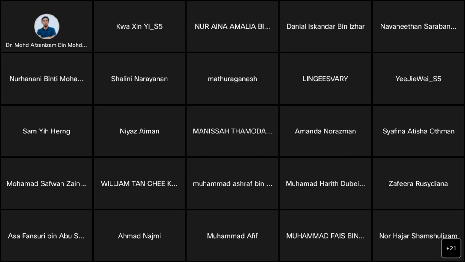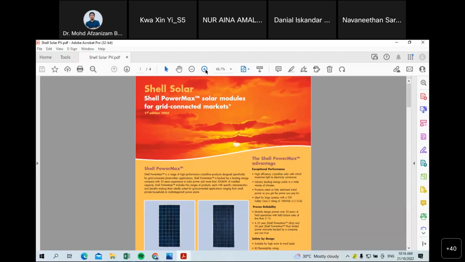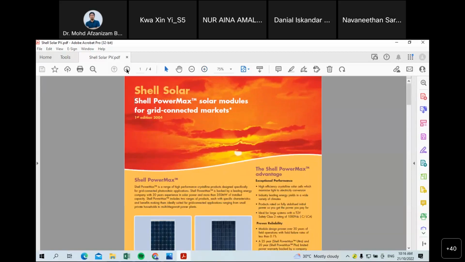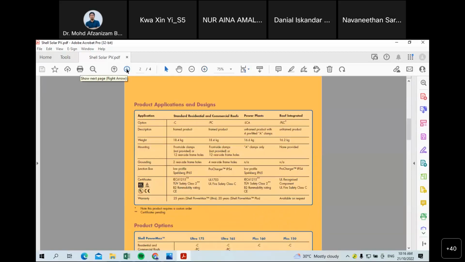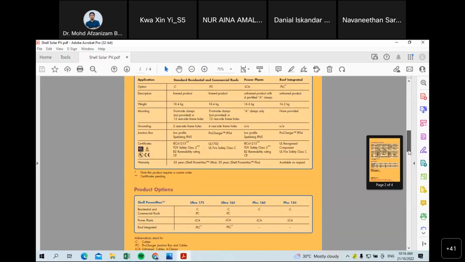Right, from the question it mentioned 150. In other words, we need to refer to the data sheet that gives us the information for the 150.